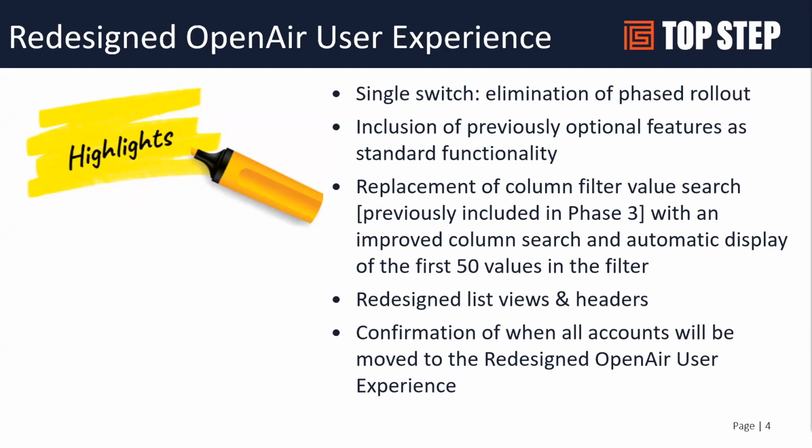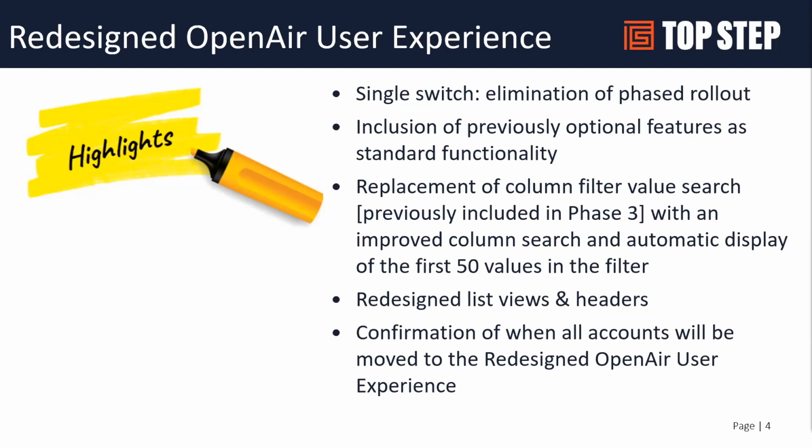Additional items to call out with the redesigned OpenAir user experience include, again, the elimination of the phased rollout. Previously, phases 1, 2, and 3 is how the UI had been partitioned. These are now part of a single switch to enable that user interface.